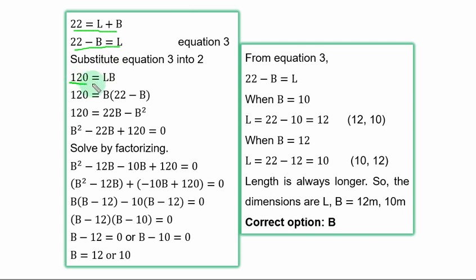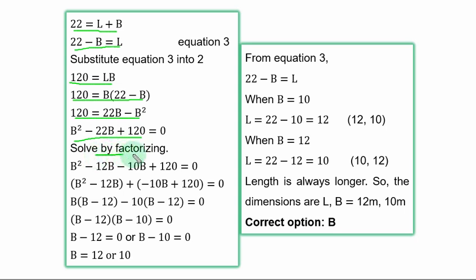This is equation 2. Where you see L, you replace it with equation 3, you have this result. If you open the bracket, you have this result. If you rearrange by transferring all the terms from the right to left, you have this result equal to 0. So we have a quadratic equation.